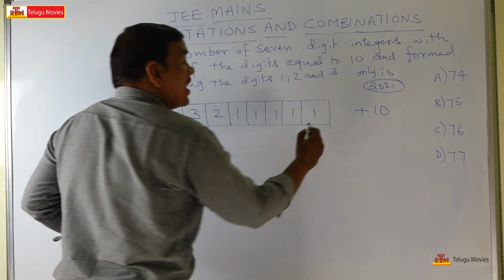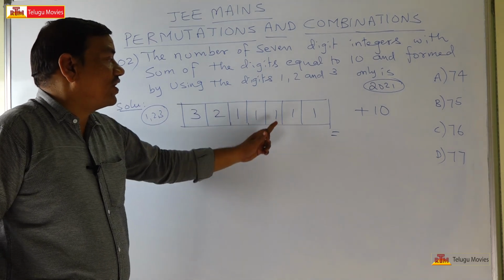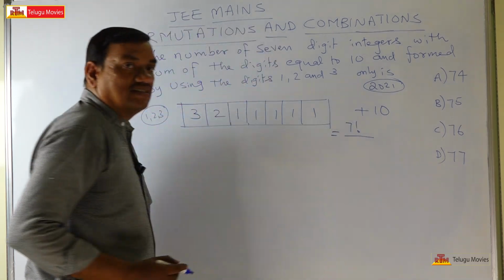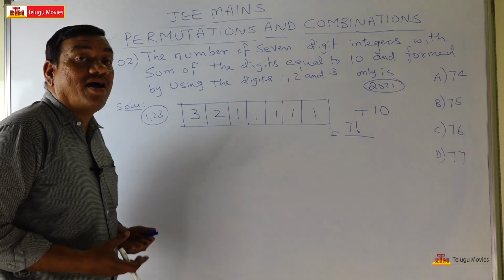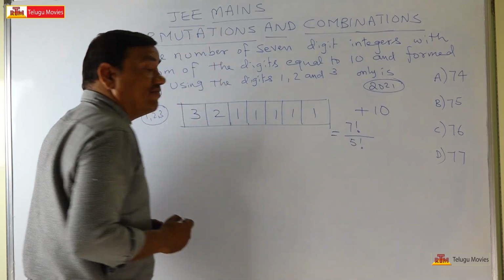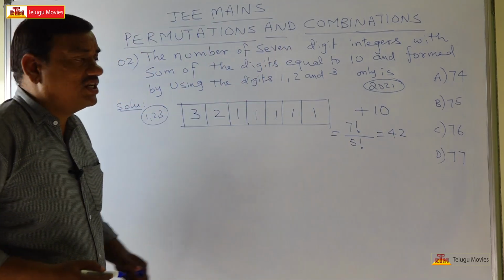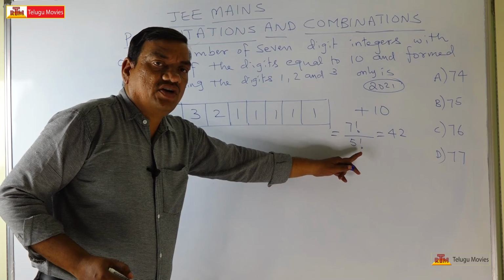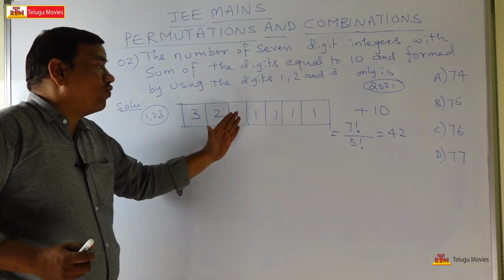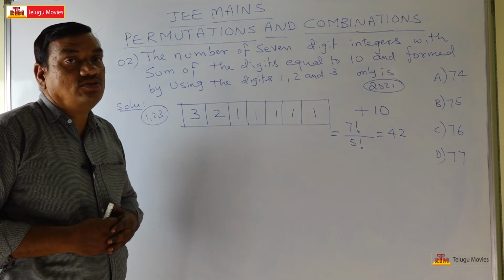Total there are 7 digits, so 7 factorial, divided by 5 factorial, because 5 identical ones are there. 7 factorial by 5 factorial is 7 into 6 into 5 factorial, and 5 factorial gets cancelled. 7 times 6 is 42. So using 3, 2, 1 in this pattern, you get 42 arrangements.